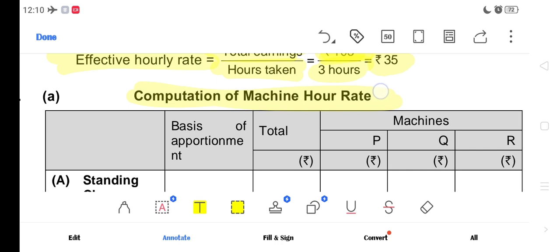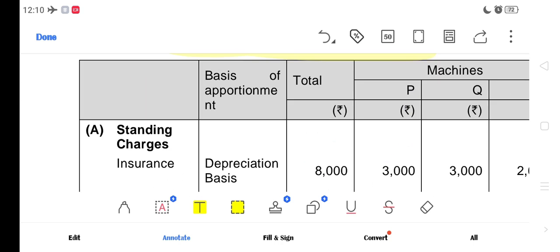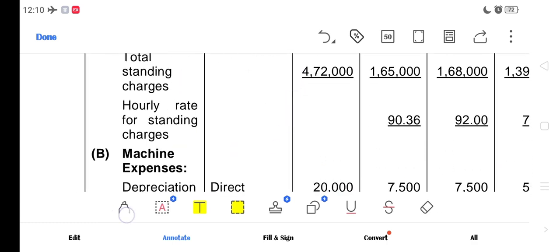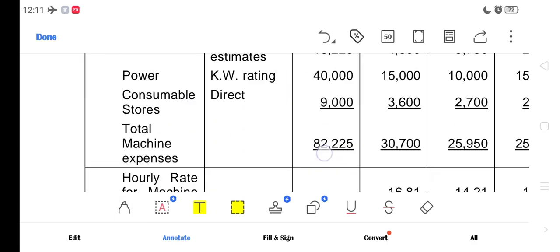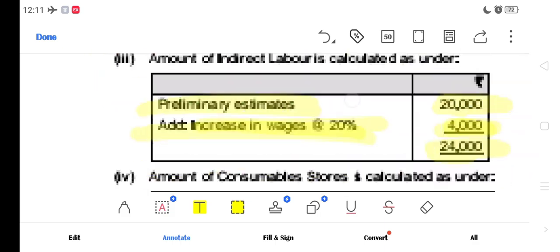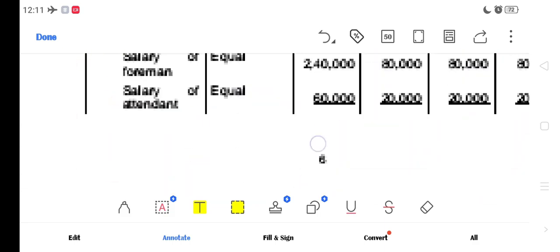Predetermined machine hour rate he has asked, no? So firstly we are going to deal with standing charges, and secondly we are going to consider machine expenses, and in total we'll have the totals and machine hour rates for all the three machines, right? So this working notes all done. Now let's see.